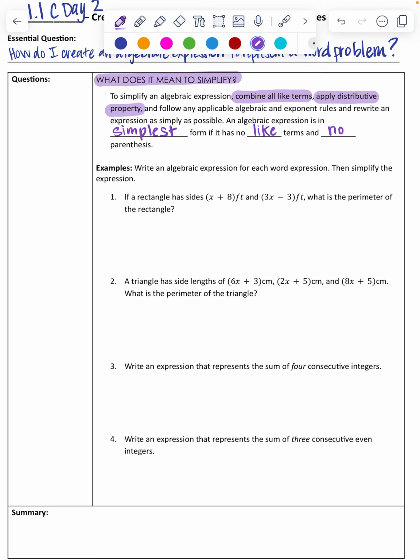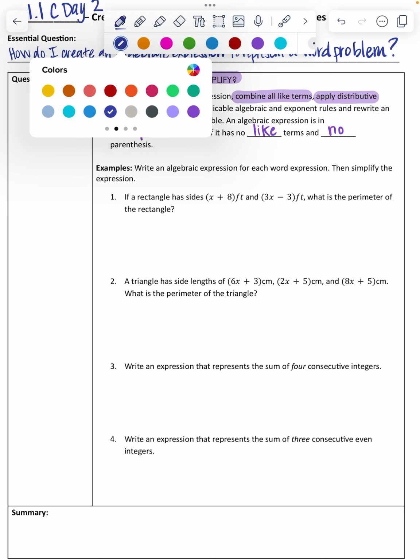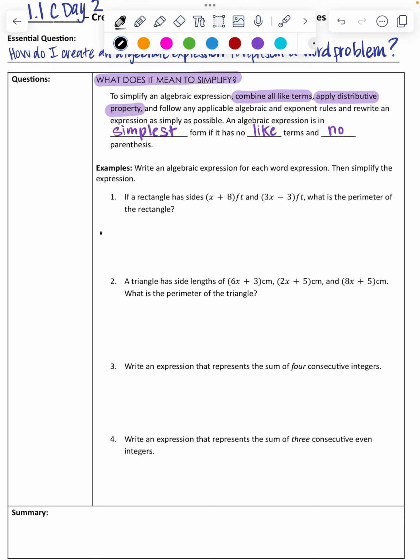Number 1, if a rectangle has sides x plus 8 feet and 3x minus 3 feet, what is the perimeter of the rectangle? So what I'm going to do to start is draw a sketch of a rectangle. It doesn't have to be perfect. I'm going to label the sides.